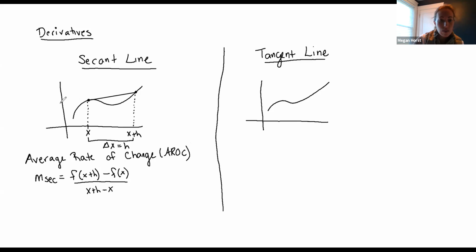So I took this value right here as f of x, and this value right here is f of x plus h. I just took those 2 values, subtracted y2 minus y1 over x2 minus x1, and that's the slope of my secant line. And that simplifies down to f of x plus h subtract f of x all over h. And we defined this in pre-calc as my difference quotient.